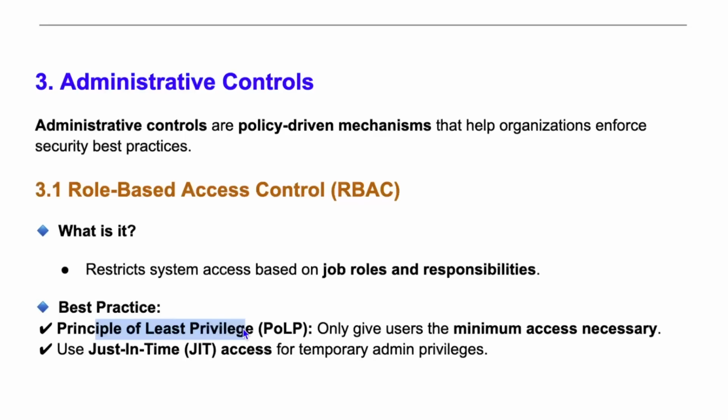Now that OU has all of the privileges that it needs, and then it's just assigned to this new employee right here. So it only gives the minimum access necessary to a given user. And then there's just-in-time access for temporary admin privileges, essentially giving them temporary access for whatever it is that they need, and then after a certain set amount of time, it's just automatically revoked.